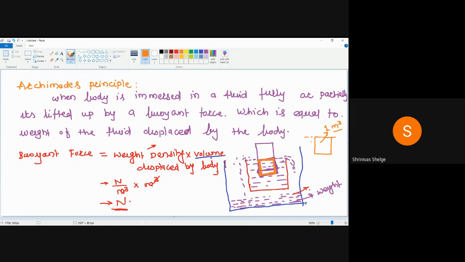This body, this is the fluid. I have immersed this body in this fluid. Correct. So now my question is: the volume of the body is 1 meter cube and it is fully immersed. So how much volume of the fluid gets displaced due to this body? That is my question.